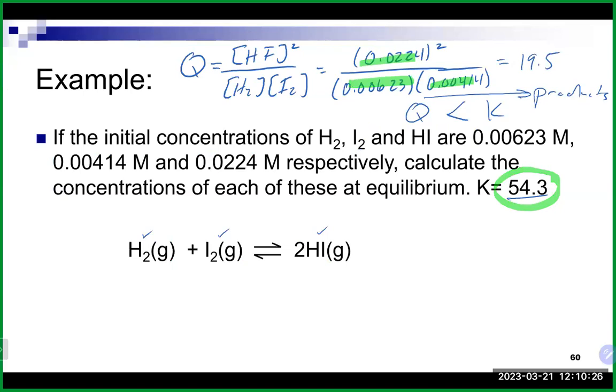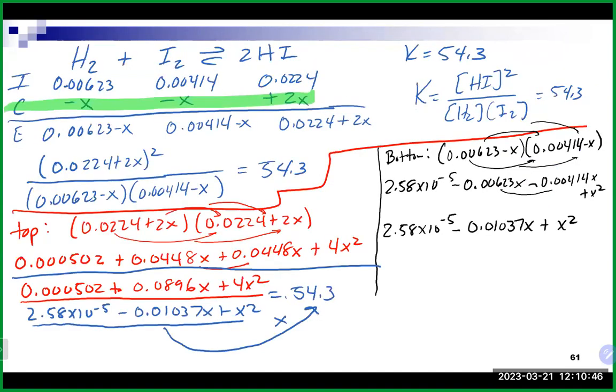And it wasn't equal, which tells us first off, it's not at equilibrium. But in this particular case, it was less than, which confirmed to us that it has to proceed to the product side. And that's what gives us the change part of this. We know for sure it's going to be negative on the reactants and positive on the products. Other questions on that? Okay, fun with math continues here.